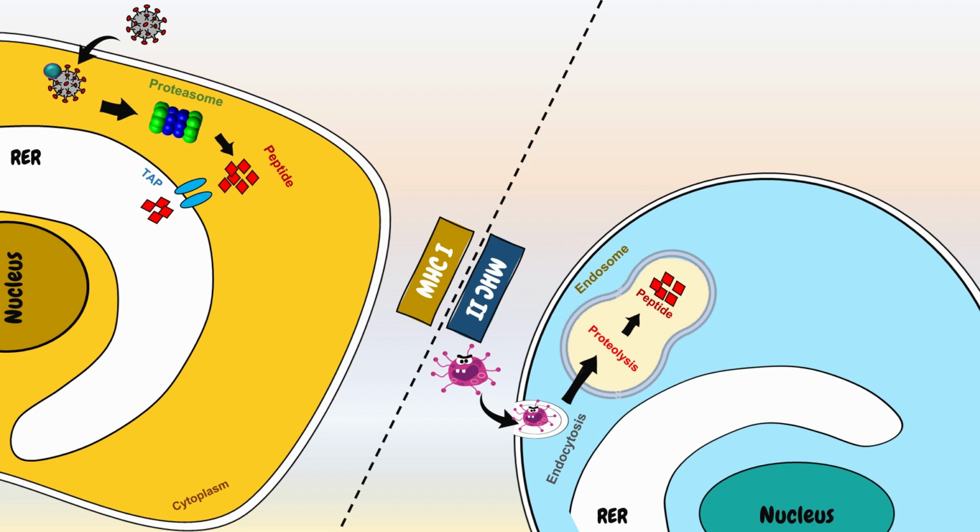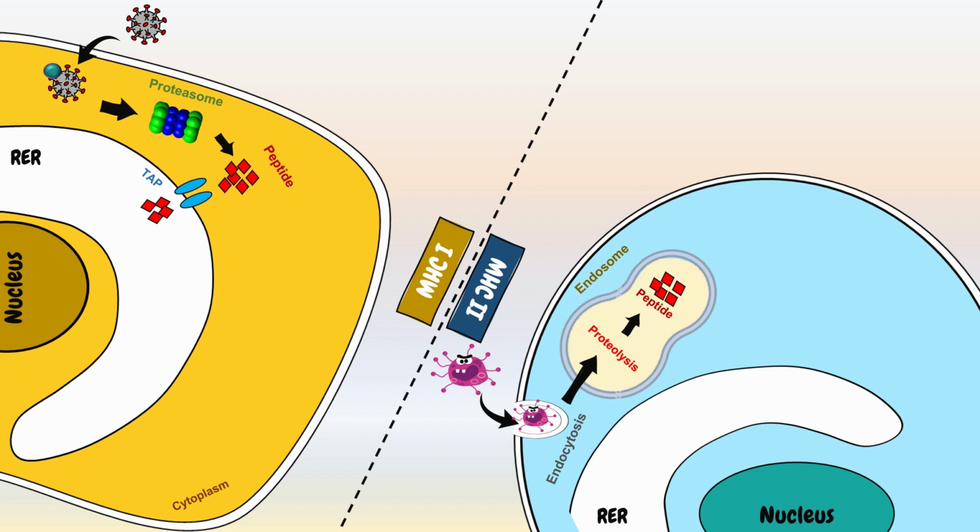Some viruses, for example, human papillomavirus and Epstein-Barr virus, diminish immune recognition by encoding proteins that block TAP function or peptide binding to MHC. That will be explained later in this video. But in class 2 of MHC pathway, peptides don't enter the endoplasmic reticulum through TAP.